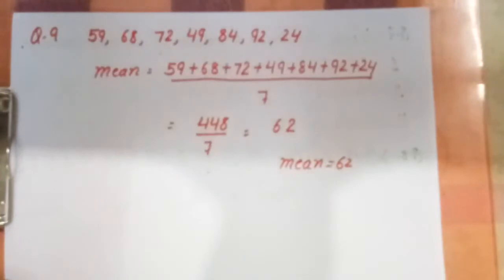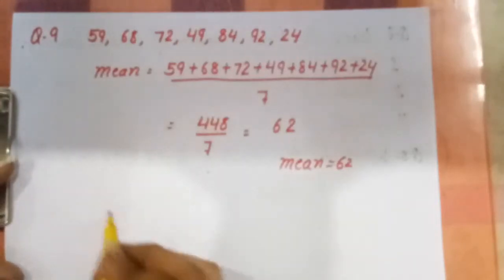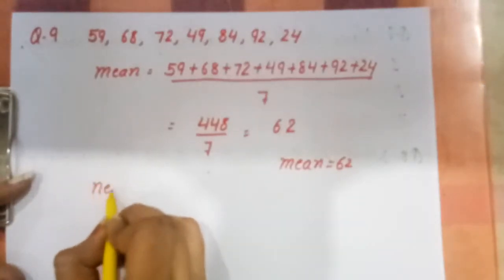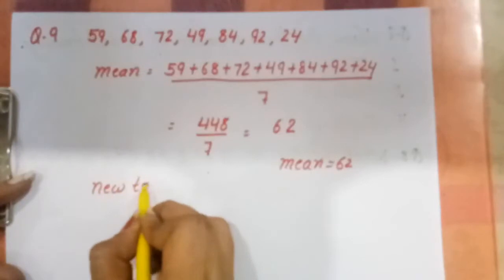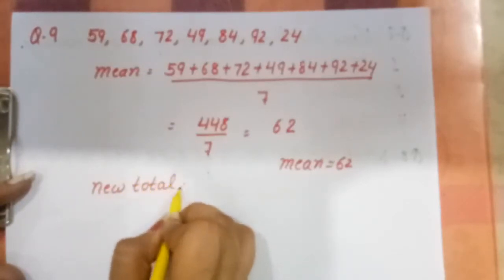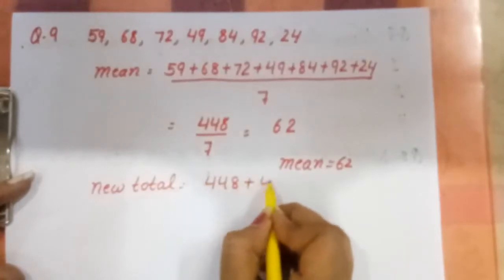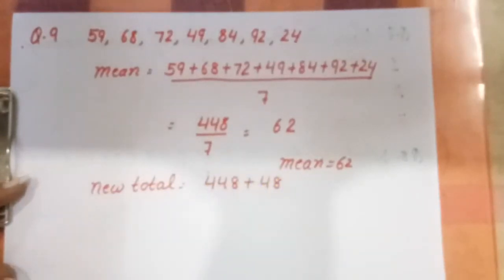Now find the mean marks if a student whose marks are 48 is also included. There is one more student who scored 48 marks, and you have to find the new mean. Our new total: 448 was the total earlier, and now you have included the marks of one student who scored 48.